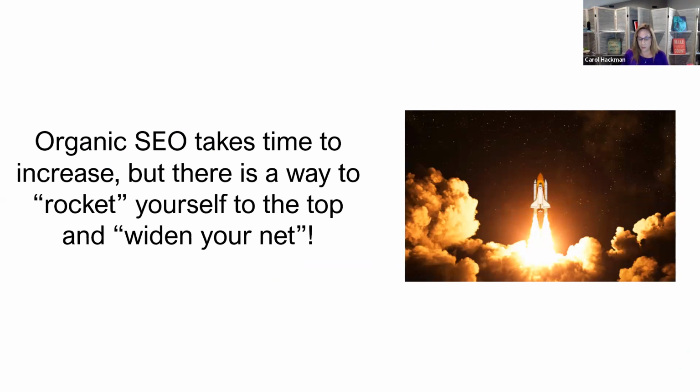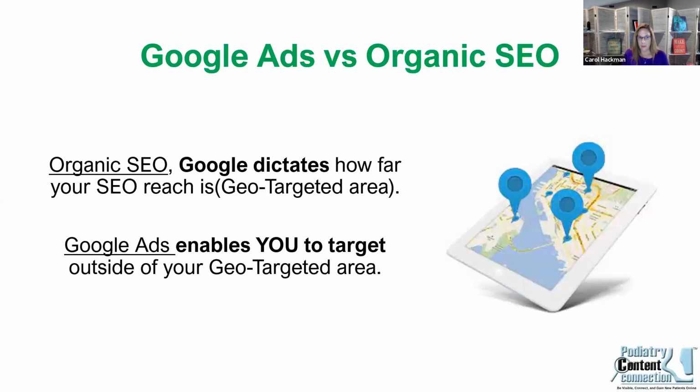This is something I won't get into the weeds about right now, but I will talk a little bit more about it. With organic SEO, Google kind of dictates where your geo-targeted area is. We don't know those algorithms, they change, but Google Ads gives you the ability to pick those areas.